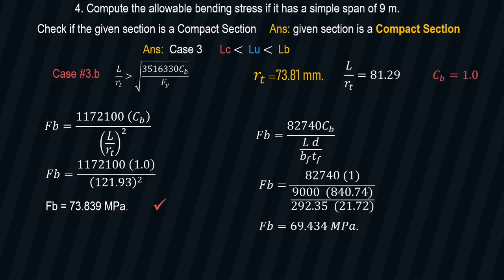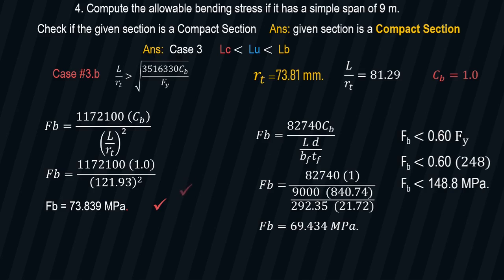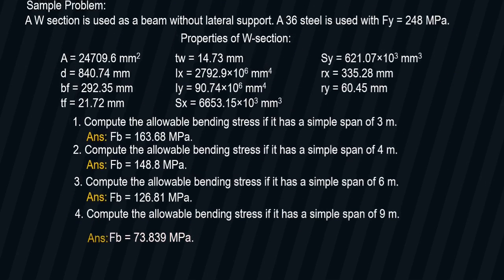But still, it's not yet the final answer because we still need to check if it does not exceed 0.60 Fy. So the value of 0.60 Fy is equal to 148.8 megapascal. Therefore, indeed, this is our value for FB, 73.839 megapascal. So that's how you answer for case number 4.